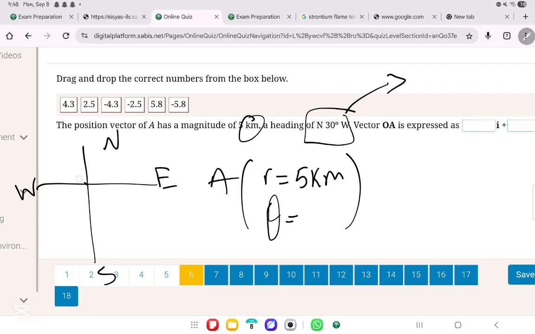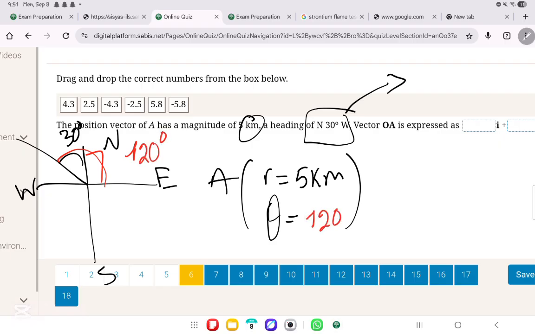So north, then directly after it 30 degrees, and then west. So if 30 degrees is the angle between north and west, how much is theta? We know theta is the angle made with the positive x-axis. So in this case, it's going to be 90 plus 30, which is 120 degrees.